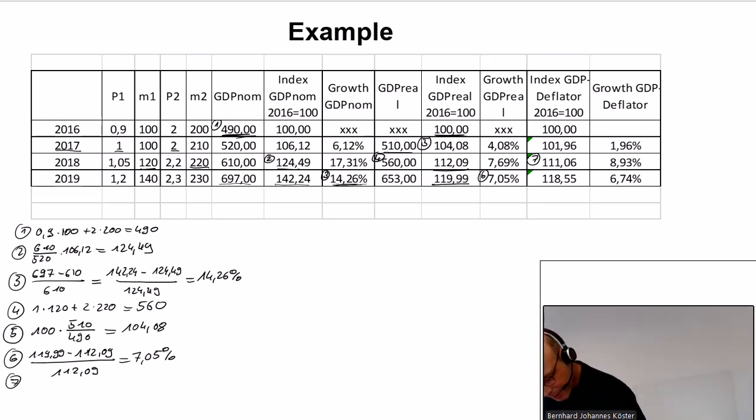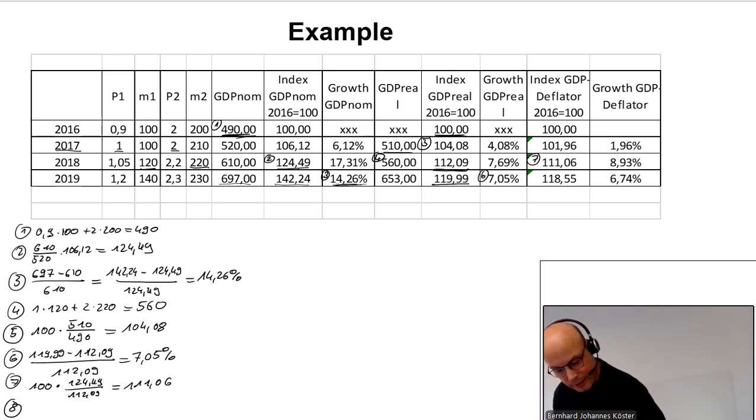So this would be the 100 formal multiplication times 124.49 over 112.09, and this is 111.06.